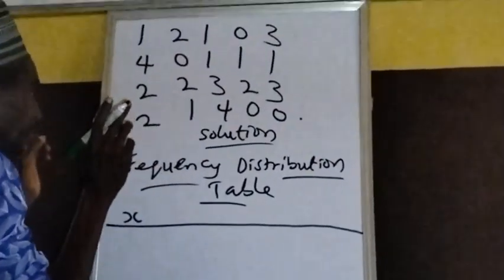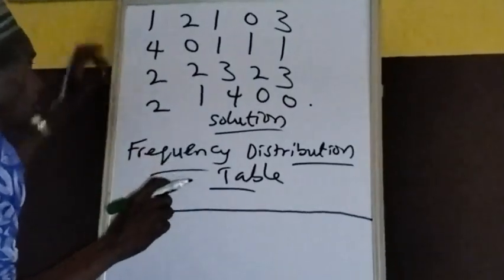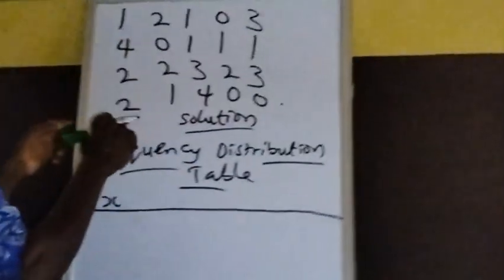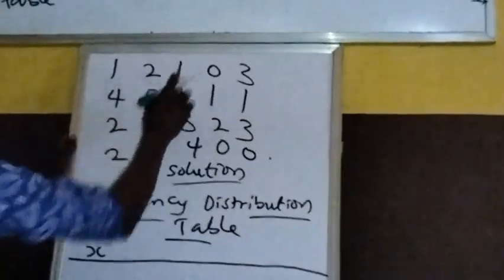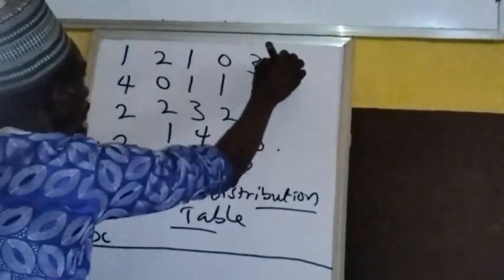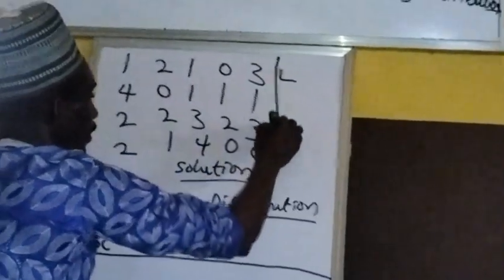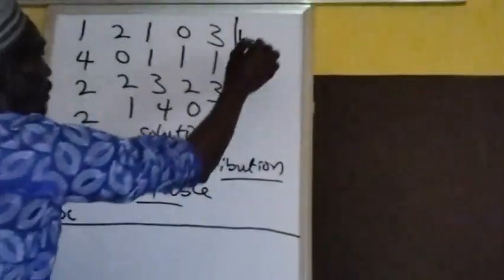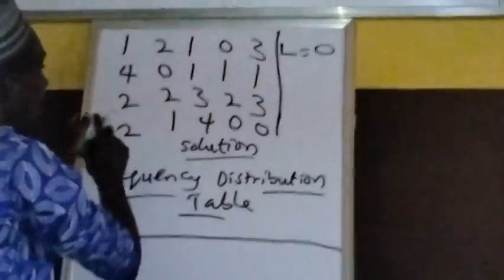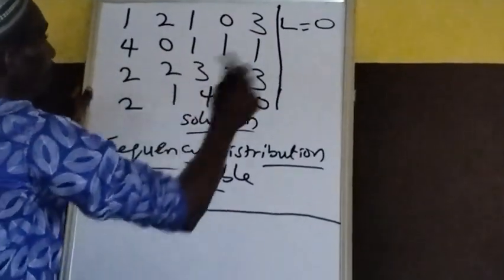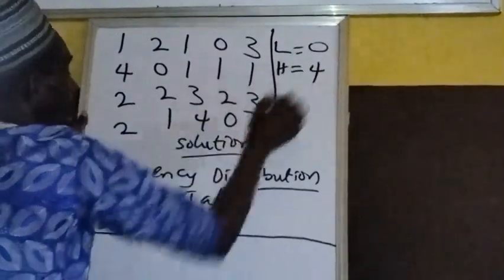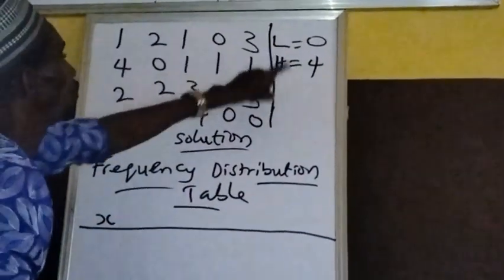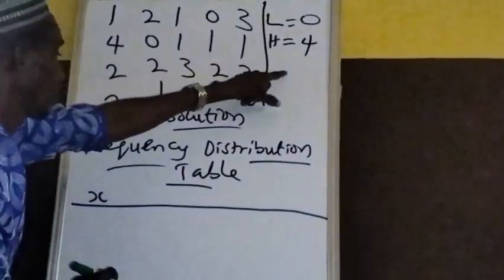And don't forget, the first point says we must identify the lowest and the highest number or value. Our lowest number, denoted by L, equals 0, while our highest number, the biggest number, is 4. Now, we are going to use this range between 0 and 4.